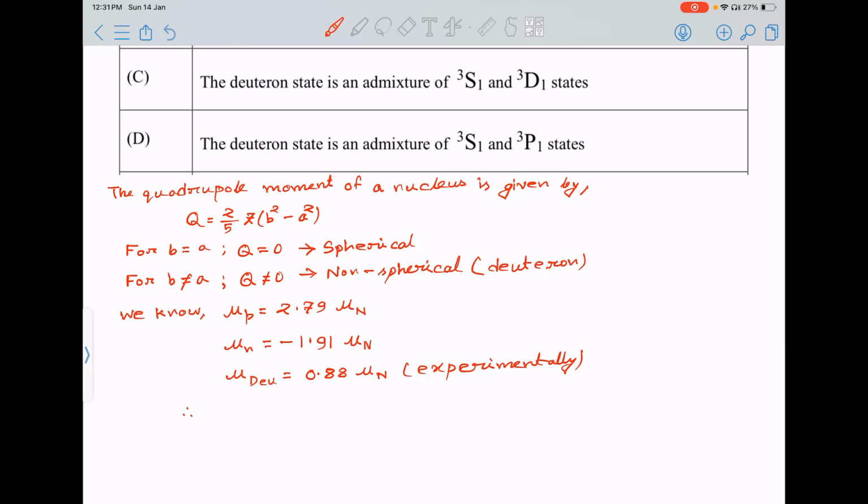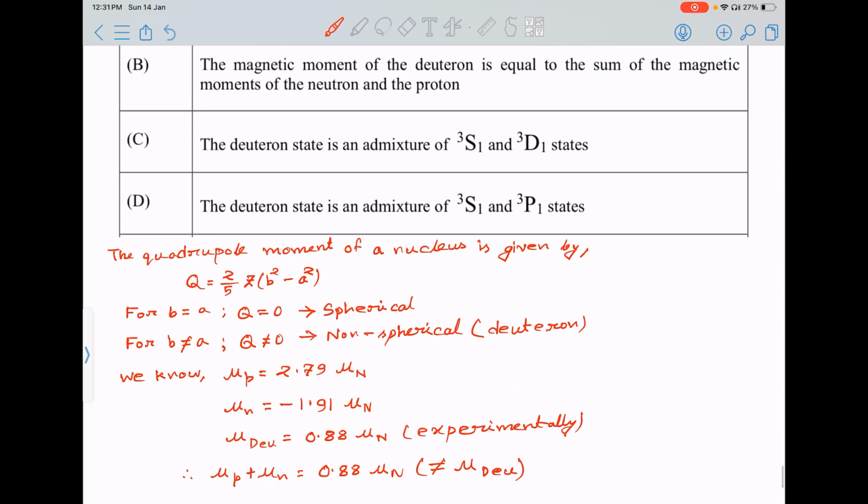So if we just take mu p plus mu n, so 2.79 minus 1.91, which is 0.88 mu n, and this is not equal to mu deuteron. Okay, so option B is incorrect.